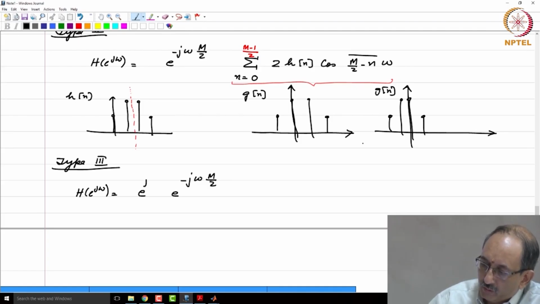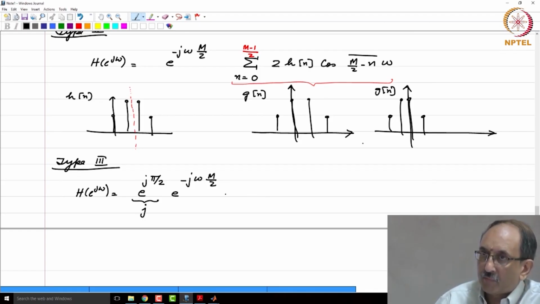You also have e to the j pi by 2, which of course is j. This is type 3. So, the symmetry is odd and the length also is odd, and the center sample h of m by 2 is always 0 because of odd symmetry.